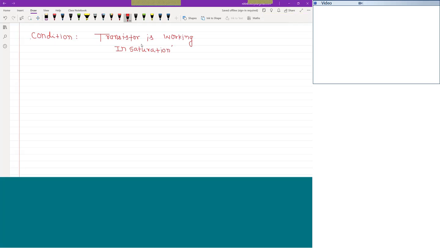Transistor is working in saturation. क्या ये ठीक है या नहीं है, ना? So this is our main concern. कि what about this? Is this correct or not correct? So what I should say?